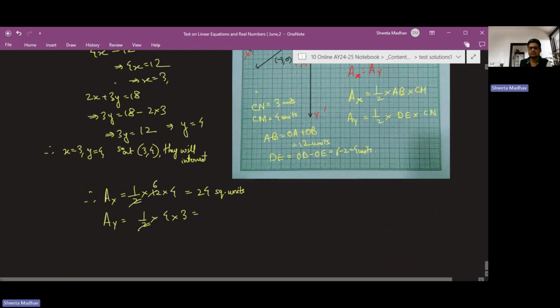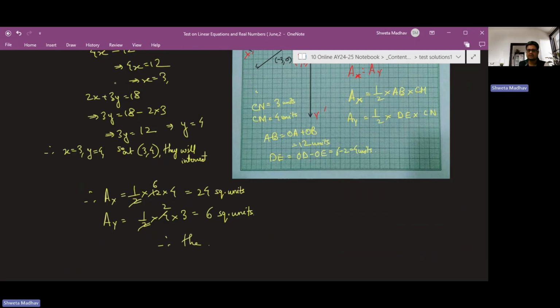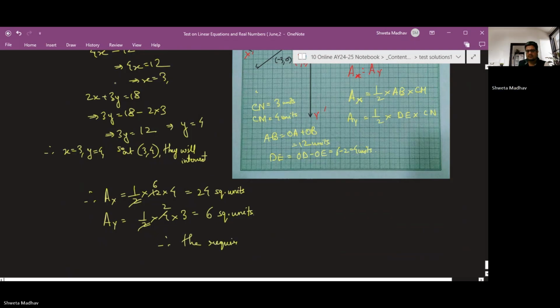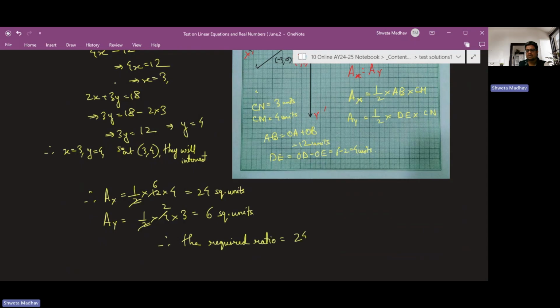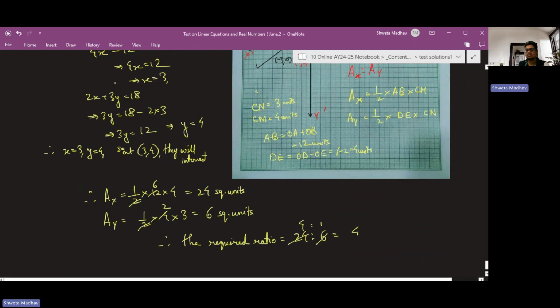So this is 6 square units. So the area formed with the x-axis is 24 square units, and the area formed with the y-axis is 6 square units. Therefore, the required ratio of the areas is 24 is to 6, that is 4 is to 1. 4 is to 1 is the answer.